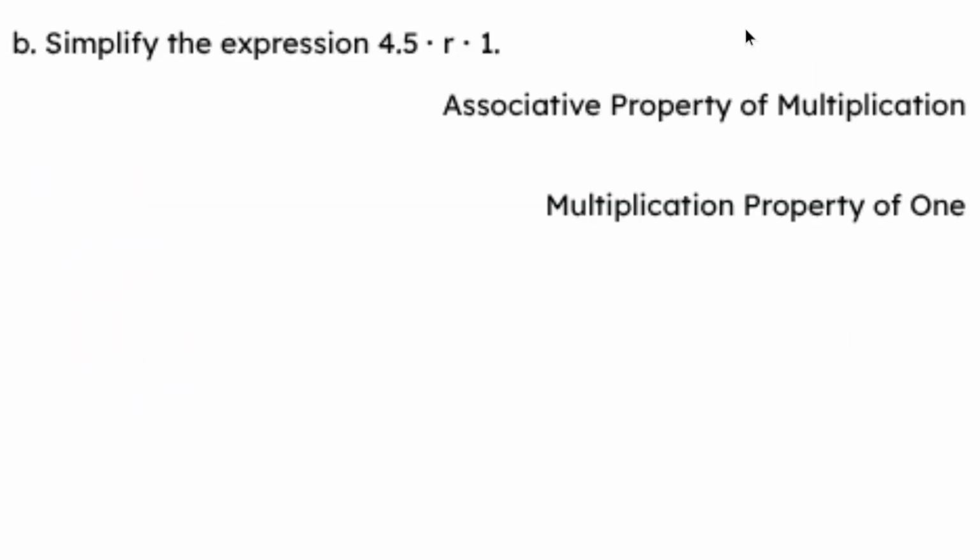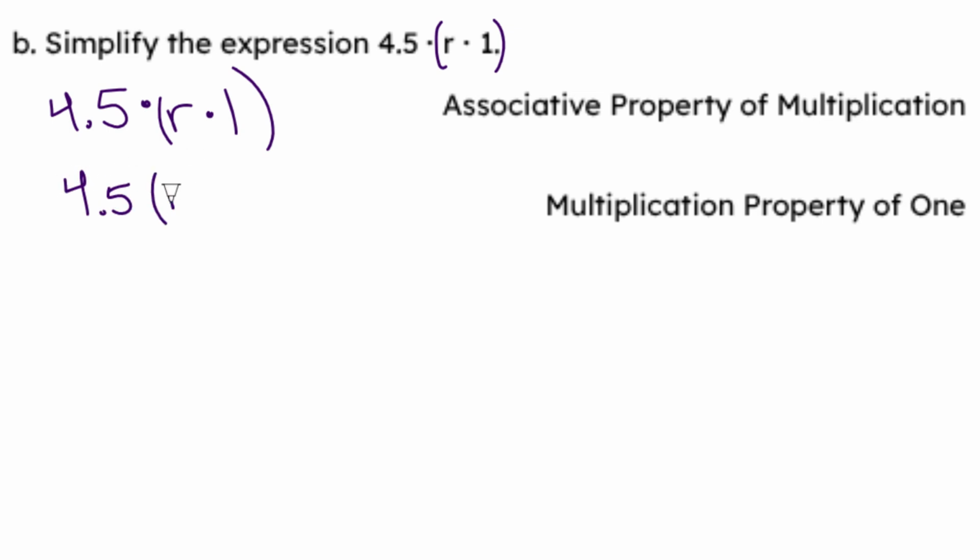Then I have 4.5 times r times 1. So again, I'm going to multiply here first. R times 1 is r. So then that's 4.5 times r, which is just 4 5/10 r. And I am done.